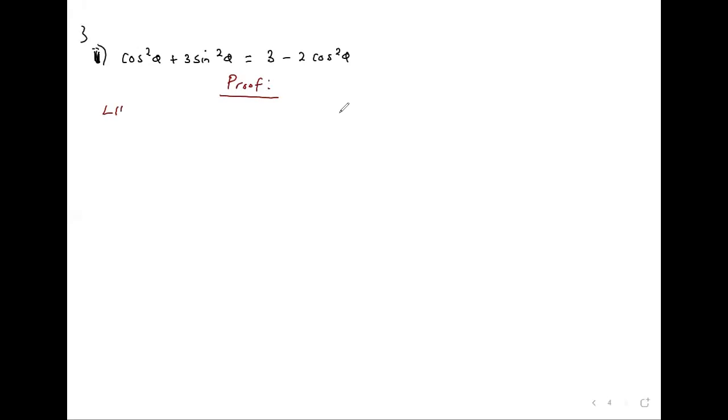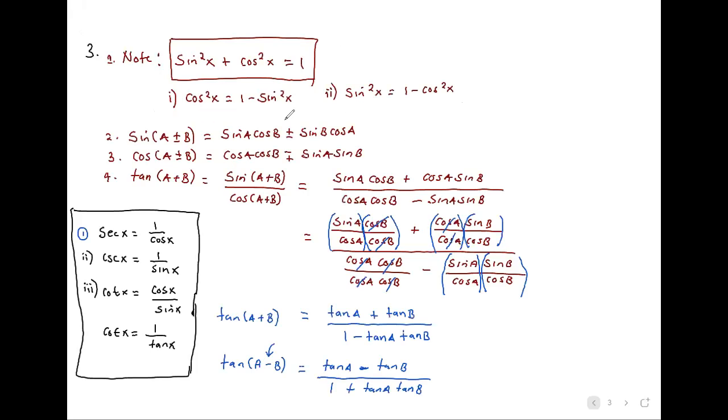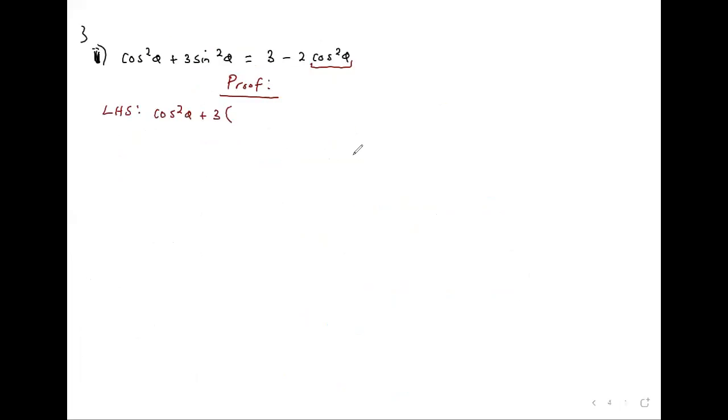So we take the left-hand side, the most complicated. If you look on the right, we have cos, meaning that from the left, we must change whatever sine we have using the first identity. So sine squared is written in this form, 1 minus cos squared theta.